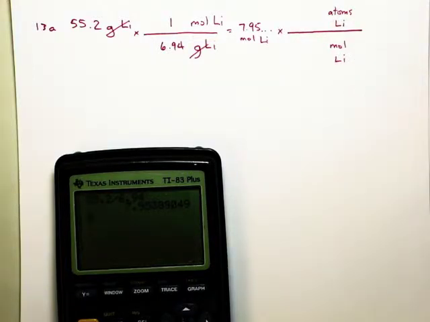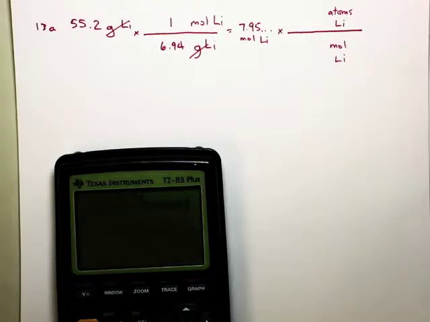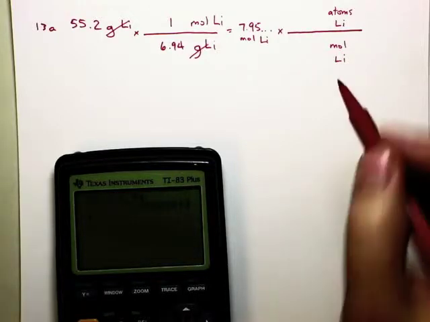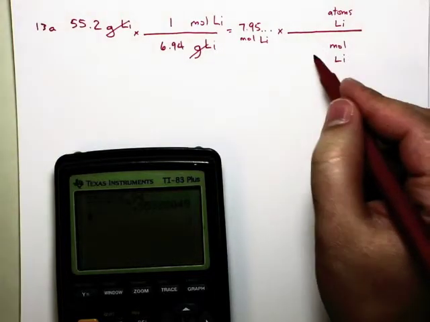Now, does anyone remember from Friday how you solved this? What did you put above the line and below the line? Anybody remember? Well, what is the numerical relationship between moles of something and number of particles? Avogadro's number is the amount of things present in a mole of anything.